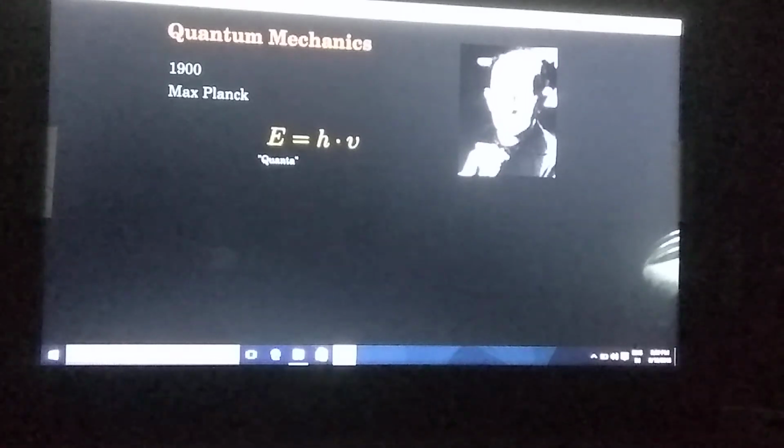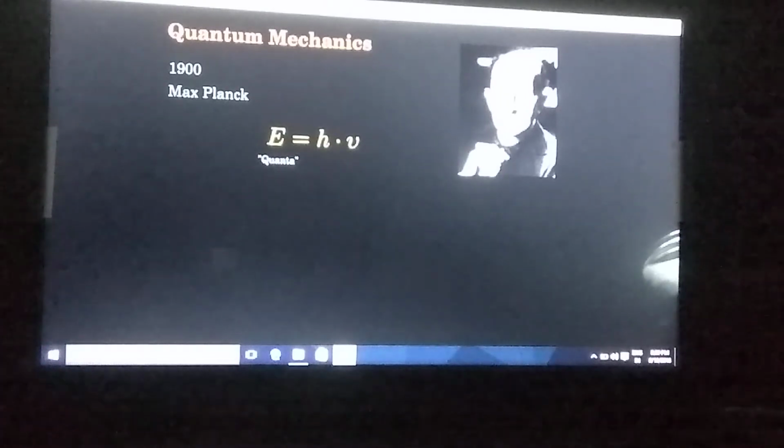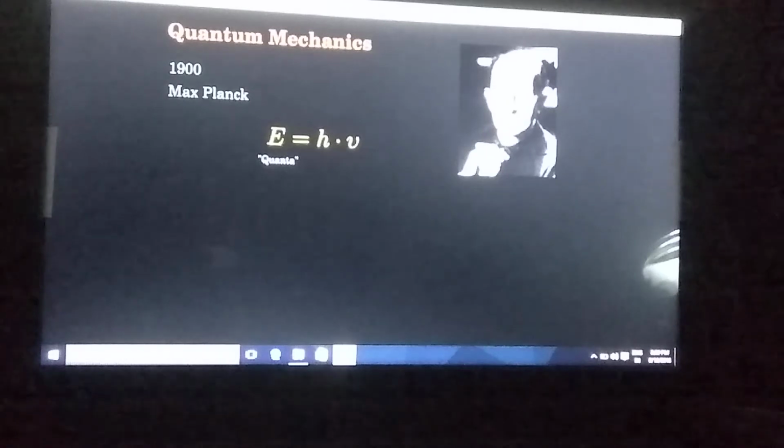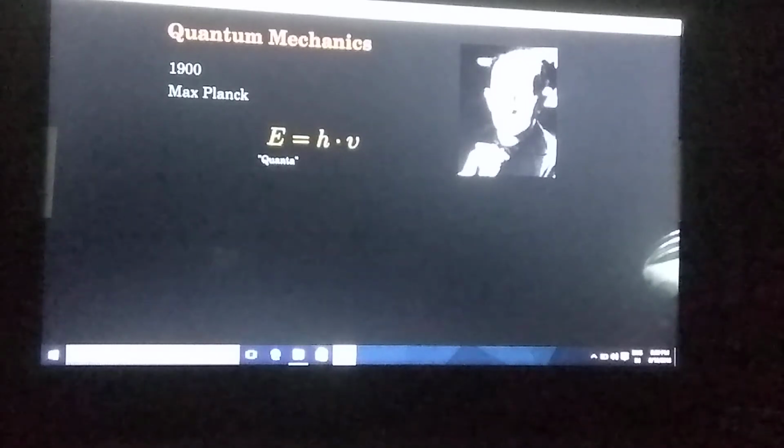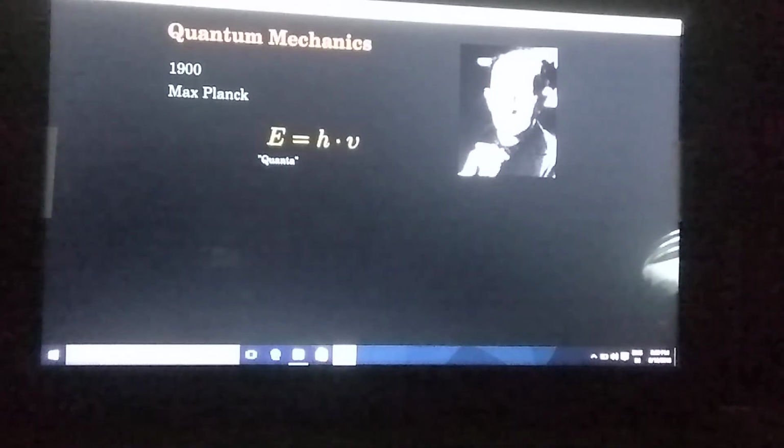And this was the starting point for amazing discoveries far beyond the imagination of even science fiction writers. The work of Max Planck foreshadowed all the development of physics for many years to come.